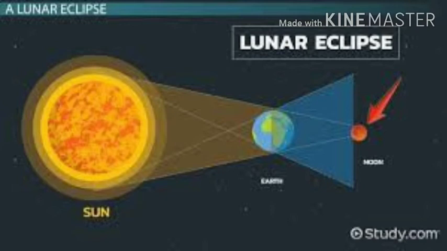It is just a result of the sun, the earth and the moon being in special positions. There is a lot of curiosity about eclipses, because an eclipse is not a regular occurrence. It occurs only sometimes.